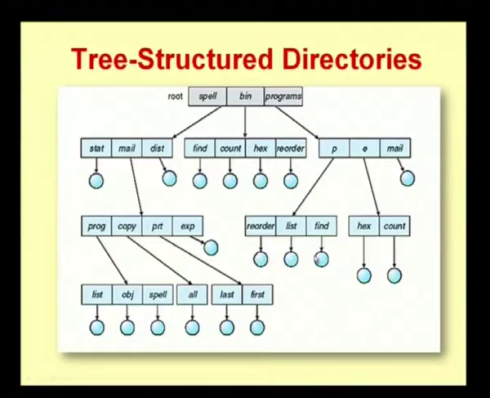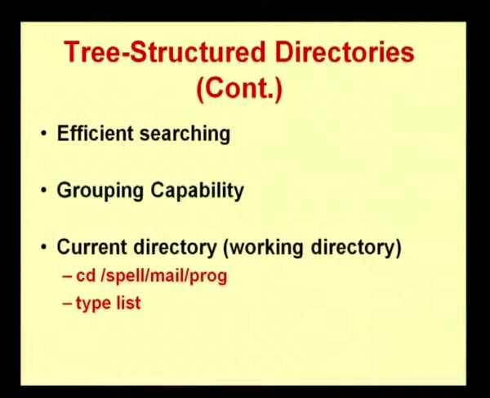Now what is the advantage of using a tree structured directory? When we use a tree structured directory, the searching is so efficient. That is, say I need to search for an operating system question paper. I am sitting in the office, where I have been given access to the computer. In the computer, I have a directory by the name programs.